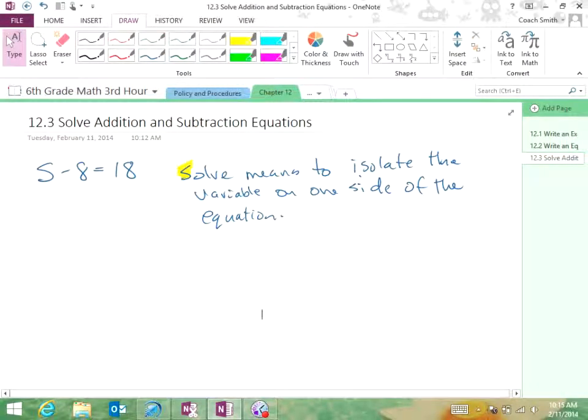Okay, we're going to isolate the variable on one side of the equation.